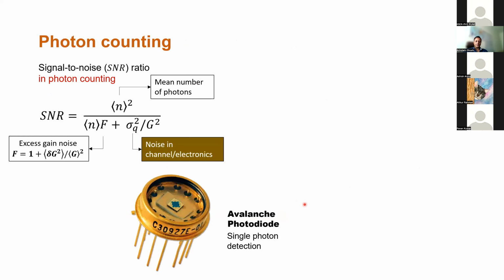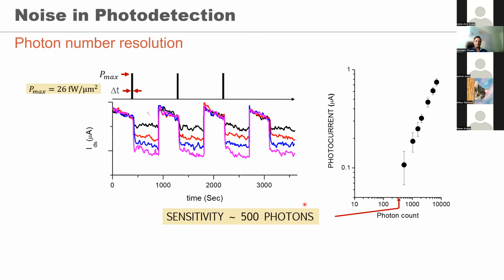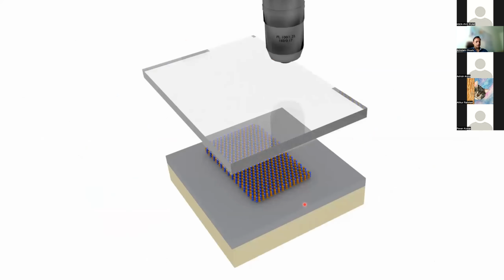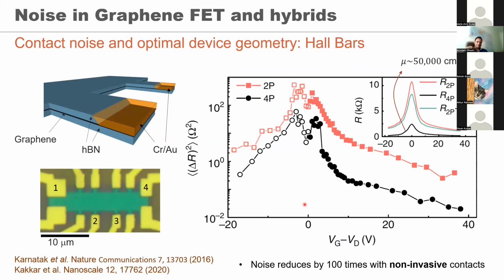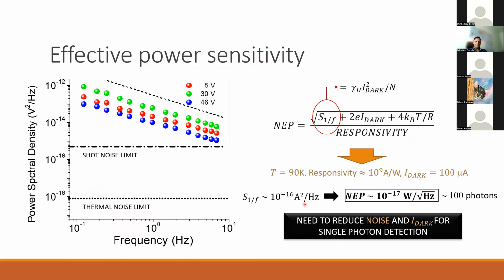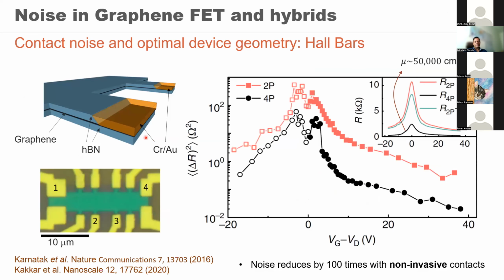I'll quickly say a few more things and then I'll wrap up. I'll just tell you from a device perspective, what have we done? We knew that the 1/f noise needs to be reduced, and there are several strategies. One of our earlier works was to make noise go down by reducing the contact noise. This is an electronic thing because, at the end of the day, we are looking at optoelectronic devices.